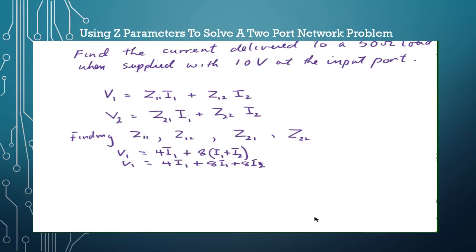This gives us that V1 is equal to 12 I1 plus 8 I2. And that gives us our equation 1.